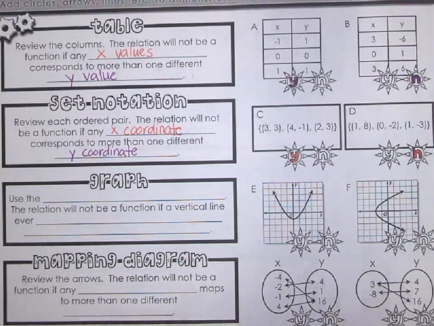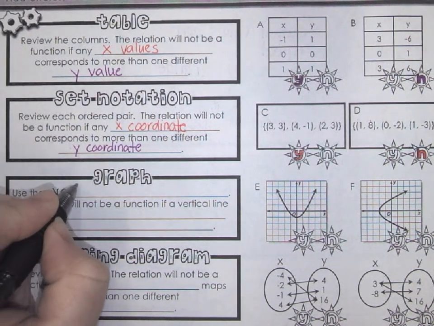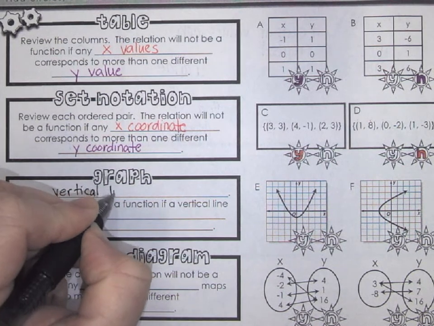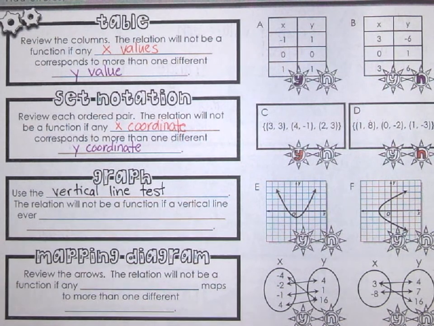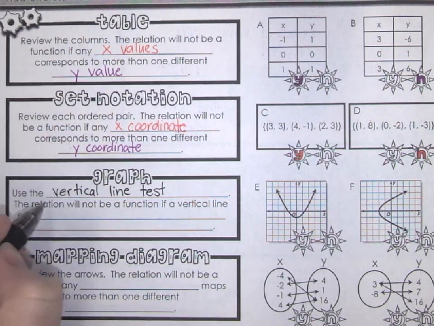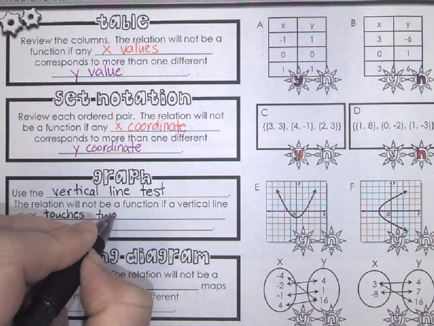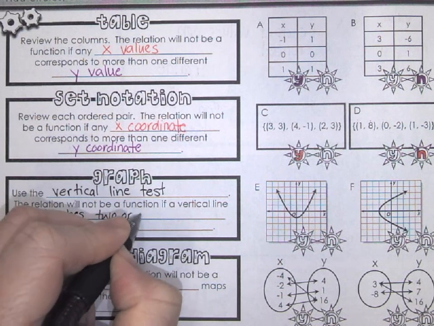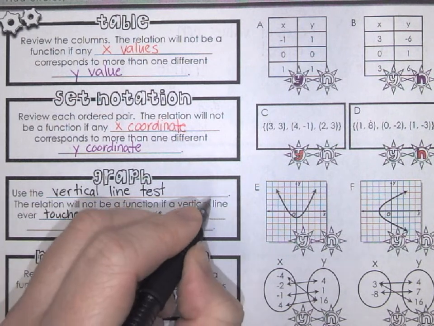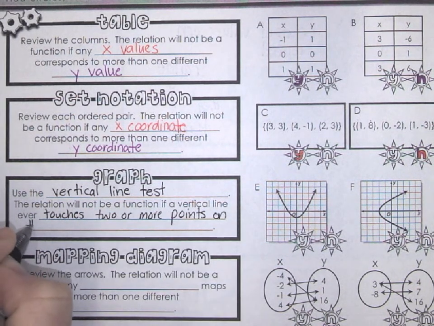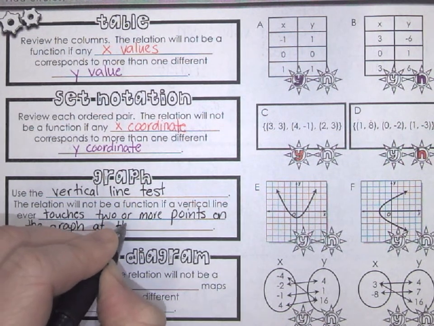When we have a graph, we can use what's called the vertical line test. The relation will not be a function if a vertical line ever touches two or more points on the graph at the same time.